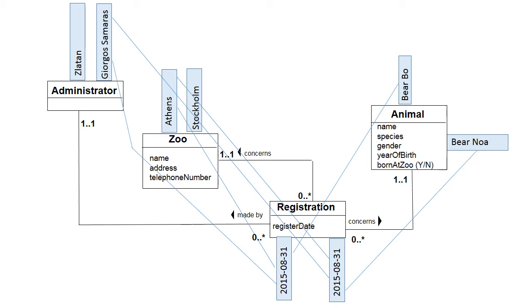Georgios Samaras is linked to 2 registration objects as you see. But that's also okay, since the multiplicity rule says that one administrator object can be linked to many registration objects maximum. We have the many, the maximum many, represented as a little star.